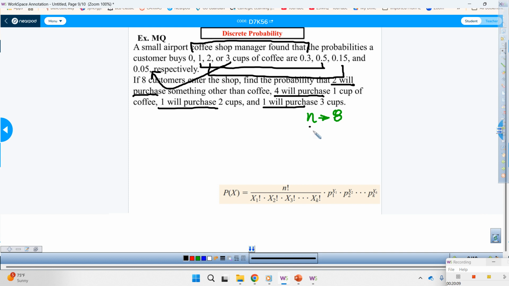Now, instead of 1 x, how many x's do we have now? Tell your neighbor, how many x's do we have now? Four.